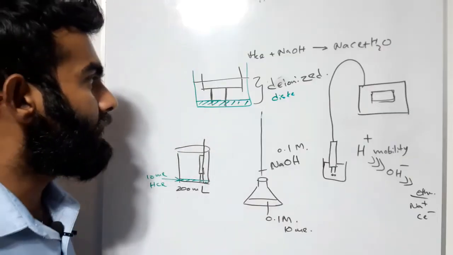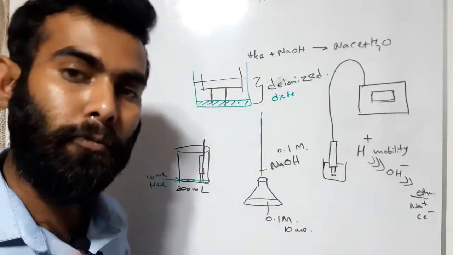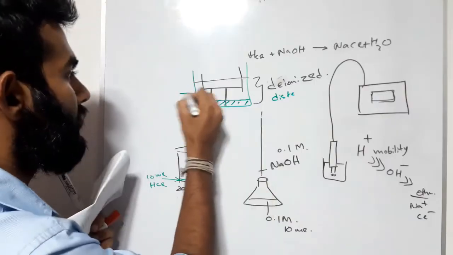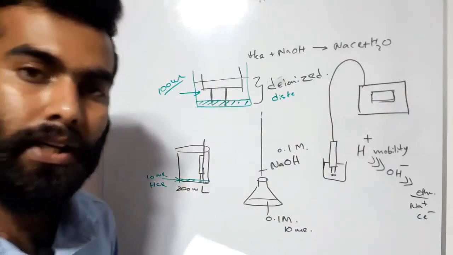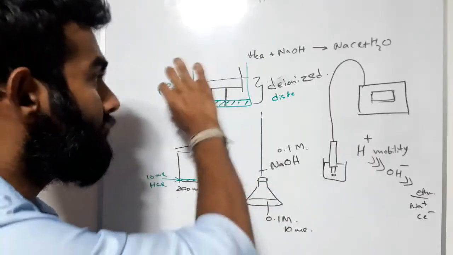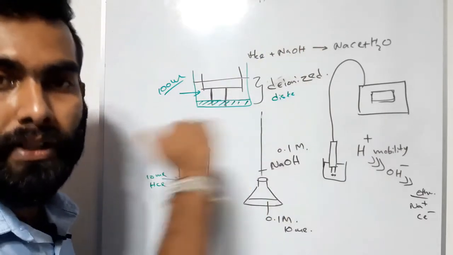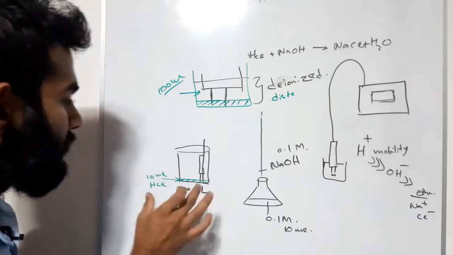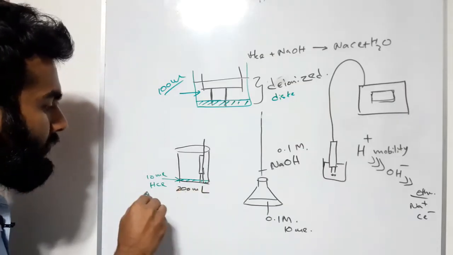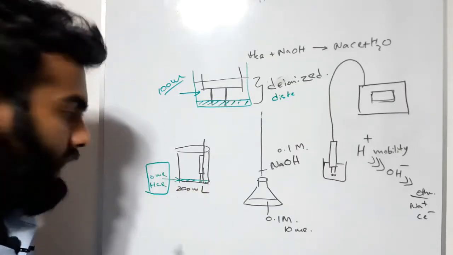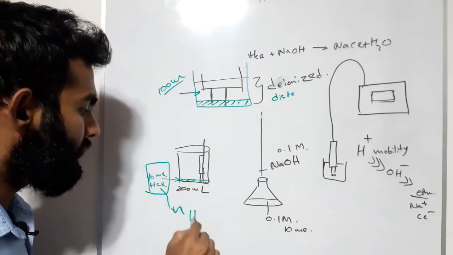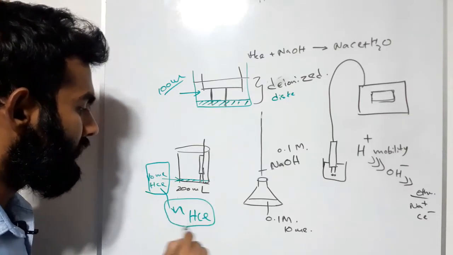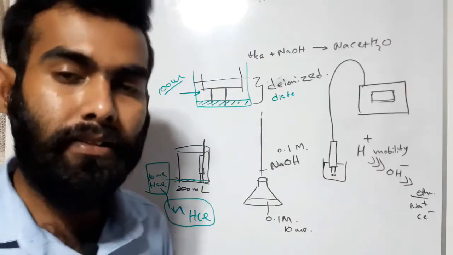We add around 100 ml of water to this beaker to adjust the solvent level. However, the HCl content is the same, 10 ml. So the number of moles of HCl is the same.